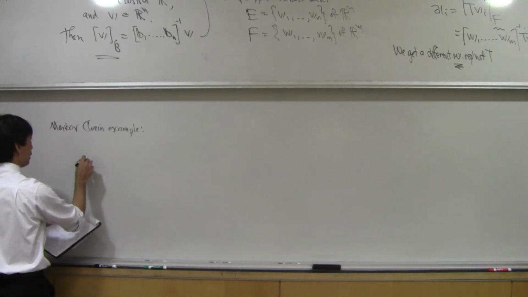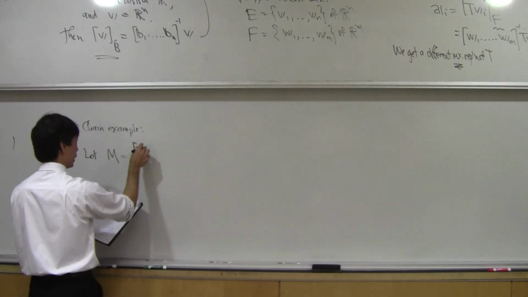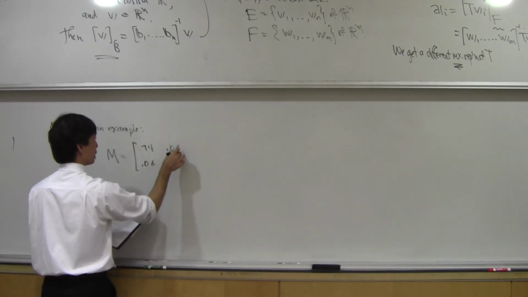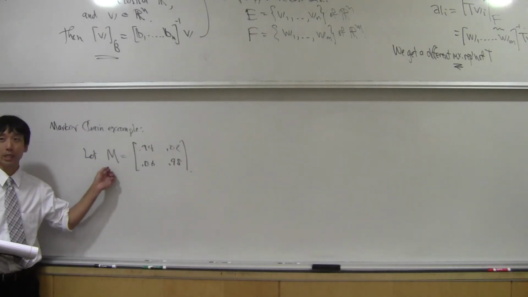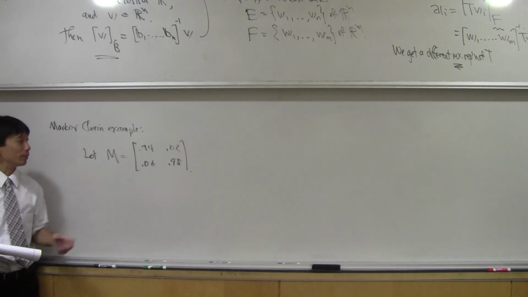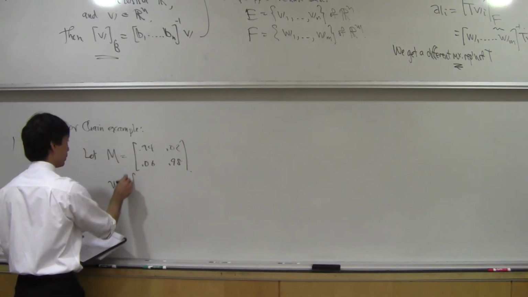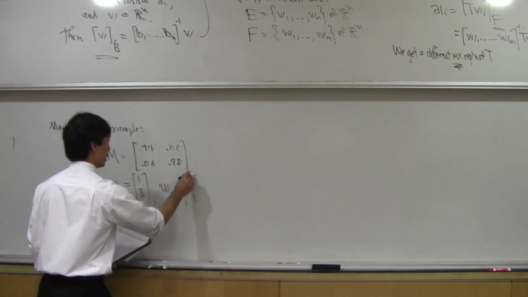Okay, so let M be 0.94, 0.06, 0.02, 0.98. Remember this guy? This was the transition matrix for the city and suburbs problem. Let U1 be (1, 3) and U2 be (-1, 1).